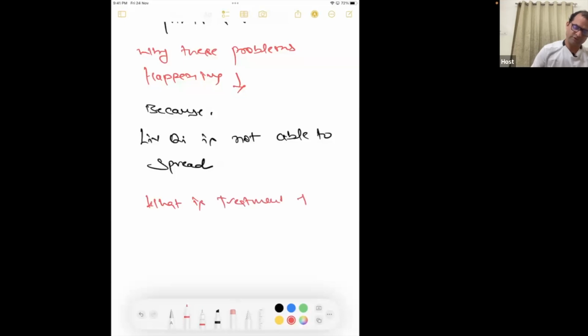Allow liver chi to spread. लिवर ची को फैलने दो, यही ट्रीटमेंट है.